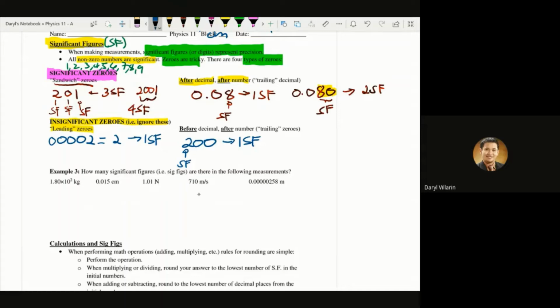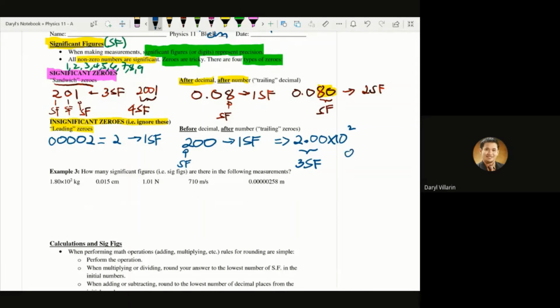In some books, even though the value is just 200, they write it as 2.00 times 10 to the power of 2, because that becomes 3 significant figures.